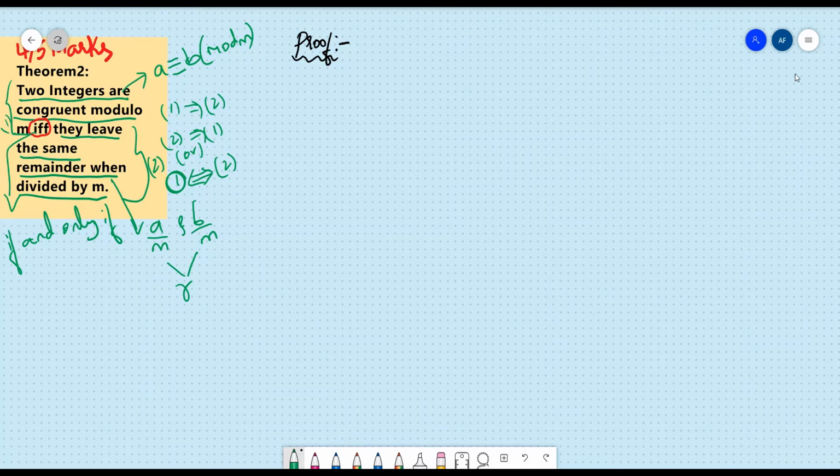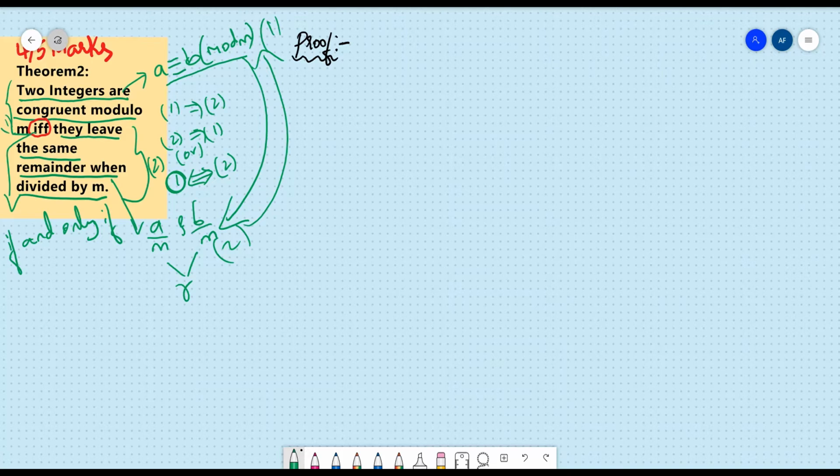So the meaning is, if a is congruent to b mod m, then a divided by m and b divided by m give the same remainder. And if a divided by m and b divided by m have the same remainder, that gives me a is congruent to b mod m. That is the simple story behind this theorem.